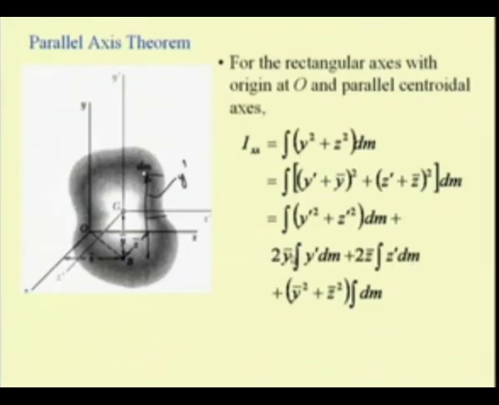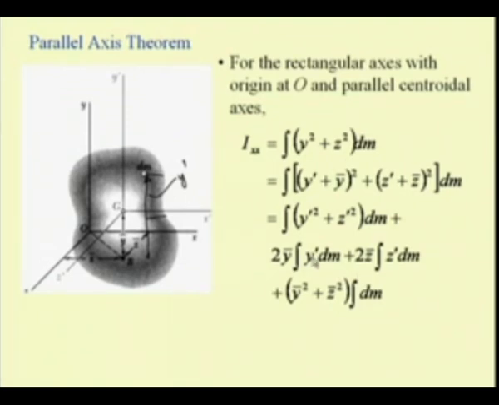Since these two quantities, that is y bar and z bar, are constant, we take them out of the integration, and then we have the last two terms, that is y bar square and z bar square. Since both these are constant, we take them out of the integration and write plus y bar square plus z bar square integral dm.